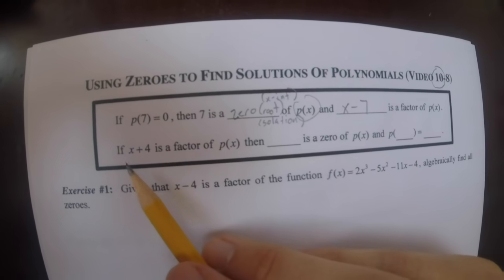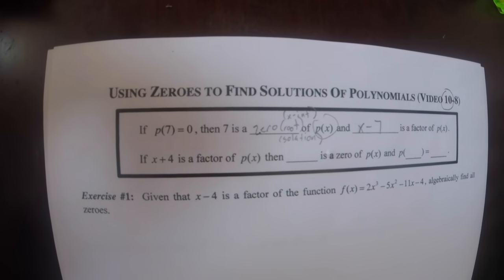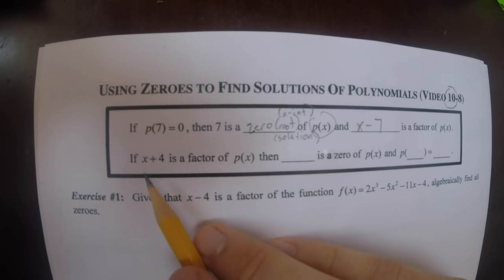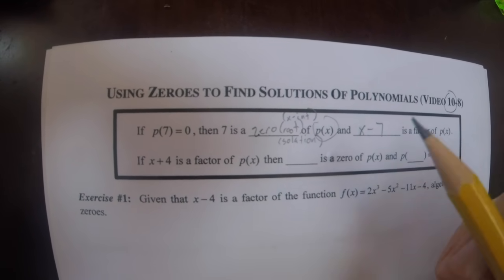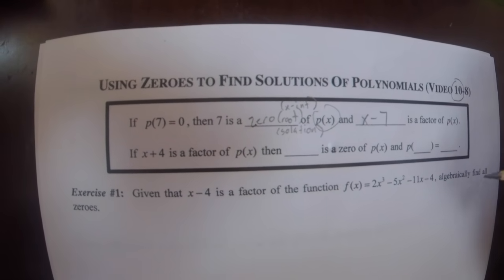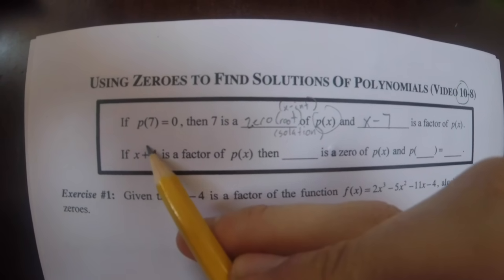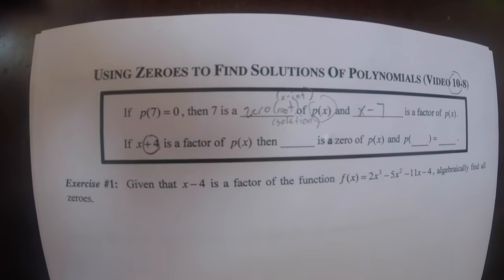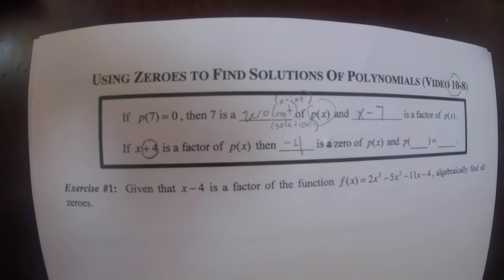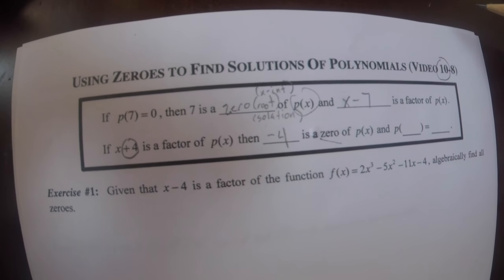Similarly, down here, if x plus 4 is a factor of p of x, then something is a 0. Well, if x plus 4 is a factor, what number do I know for a fact is a 0? Look up here. It would be the opposite of this number. So negative 4 is one of the solutions, or one of the roots, or one of the zeros of that equation.